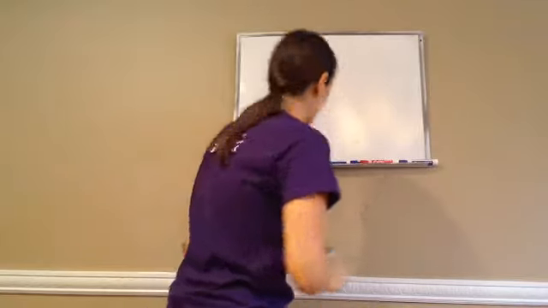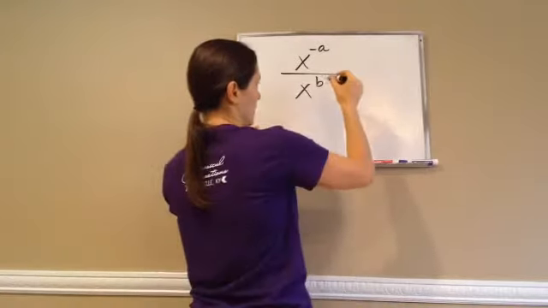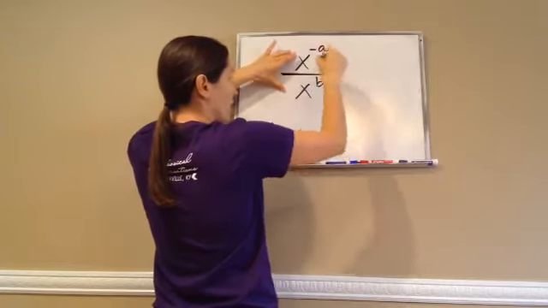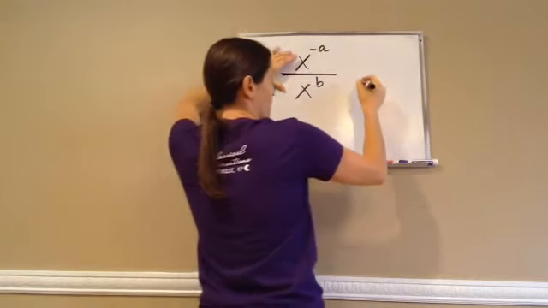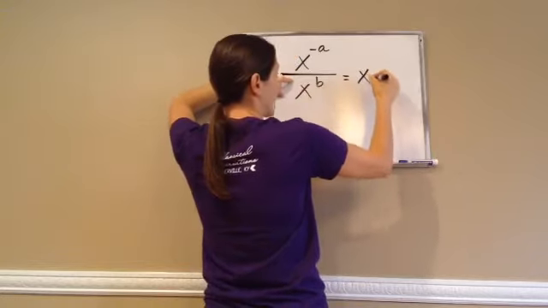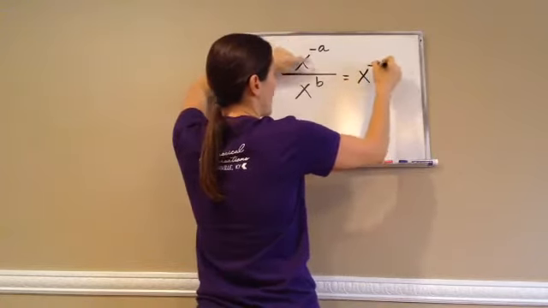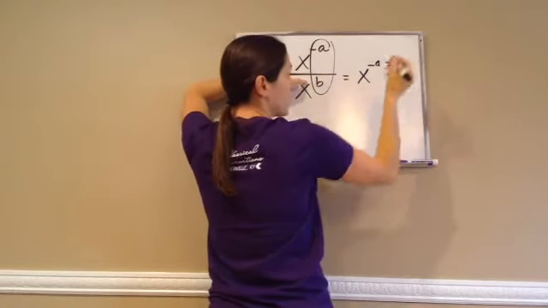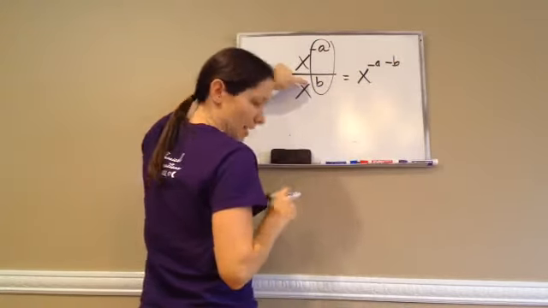And so it makes it a little bit harder, but I want you to think, what am I actually doing if I'm dividing these variables? Negative a minus b. The answer is going to be x to the negative a minus b. Remember, these subtract, so negative a minus b. Okay, you see how we did that answer?